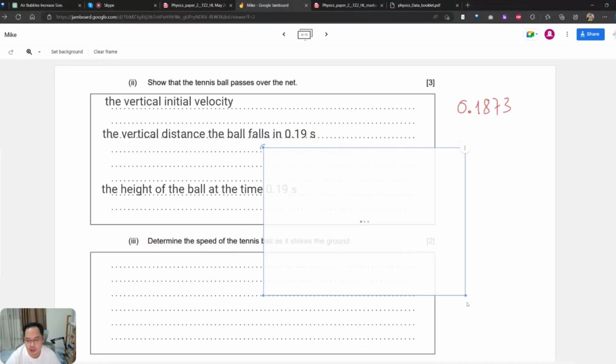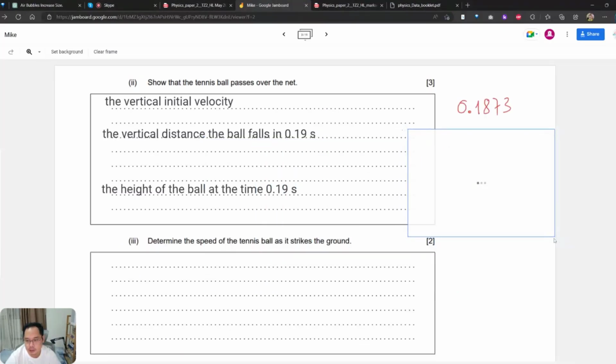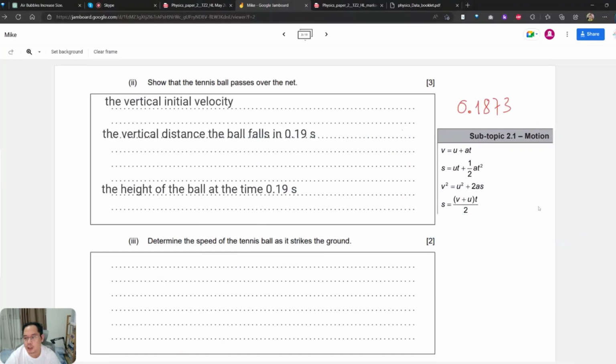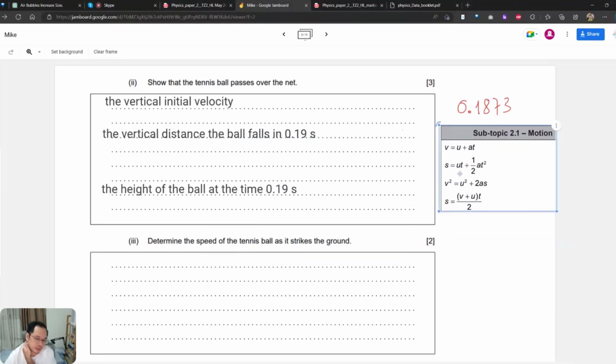This is the formula. The second one, s equals ut plus 1/2 at squared, is used to calculate the vertical distance. If I use the first method, I have to find the vertical initial velocity Vy, which is 64 times sine of 7 degrees.